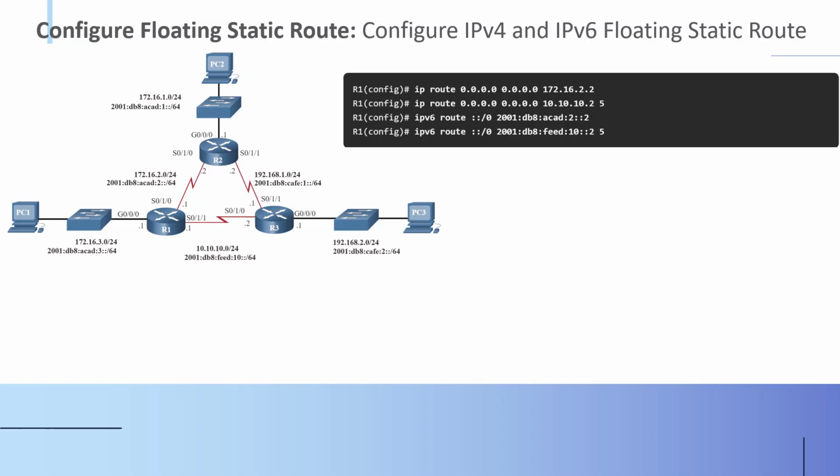And since we want this to be a backup line, when we configure the floating static default route to point to router 3, we will add an administrative distance bigger than 1, and in this case we choose 5.